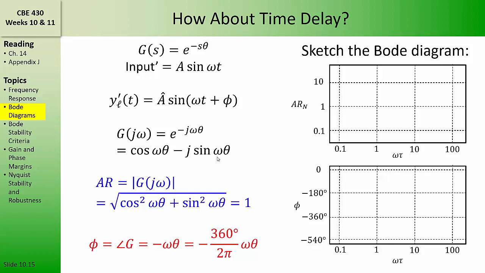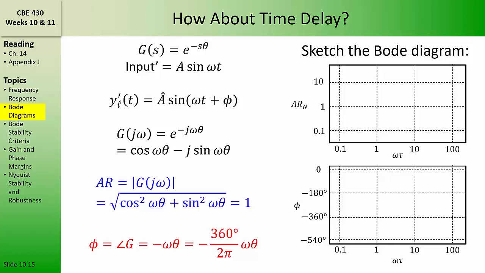This means that the phase angle is becoming more and more negative, and it passes 360 degrees and keeps becoming negative. It goes around the origin from the point 1, 0 to the point minus 1, 0, and then it continues back to the point 1, 0, and so on. Meaning that the phase angle is continuously decreasing as omega increases.